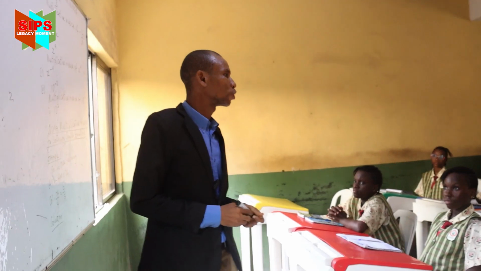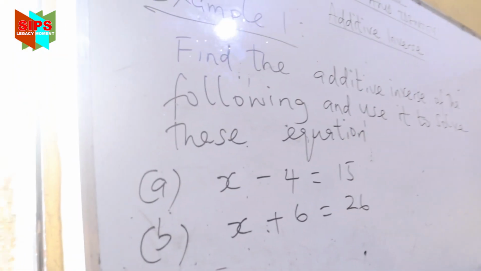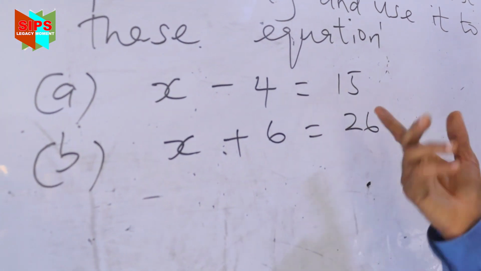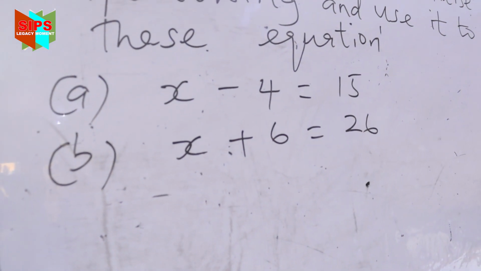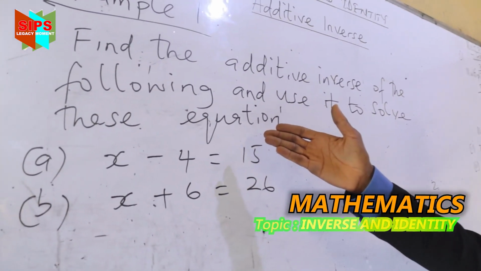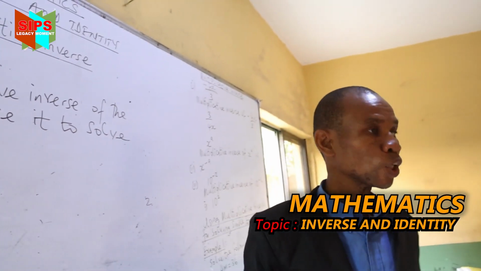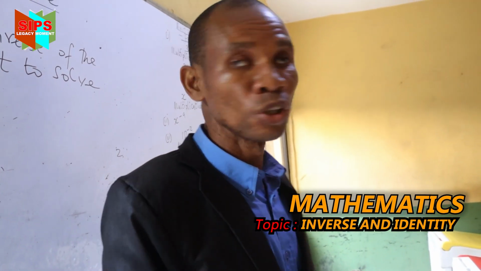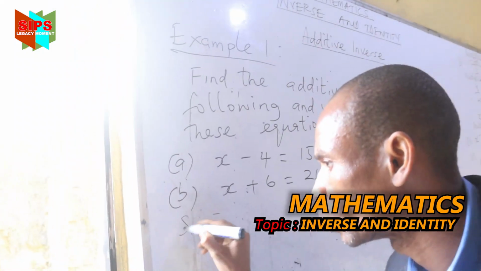Now look at what you have on the board. The first one is x minus 4 is equal to 15. The other numbers are called constants. This one will not take you a minute to solve, but the instructions say use the additive inverse to get the work done. So here is the solution to that problem.